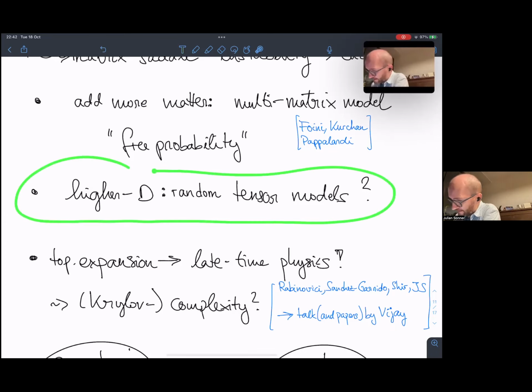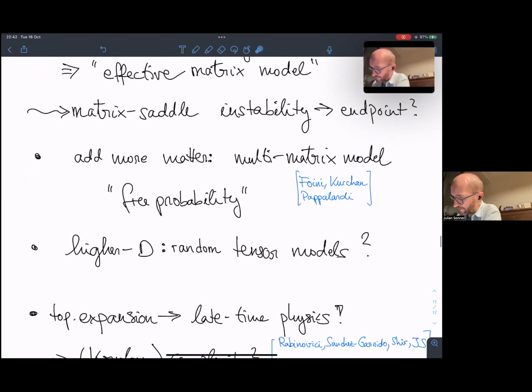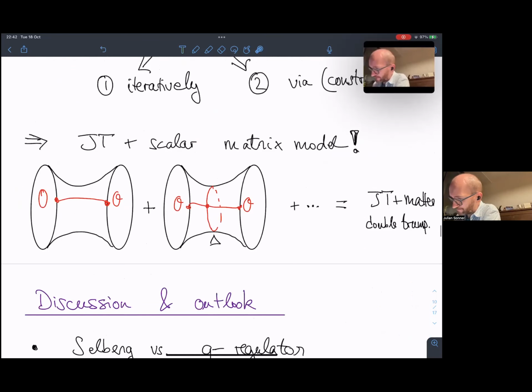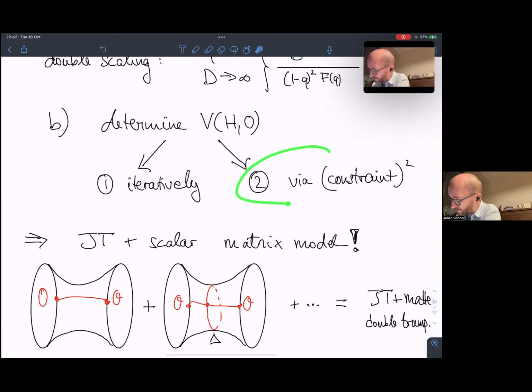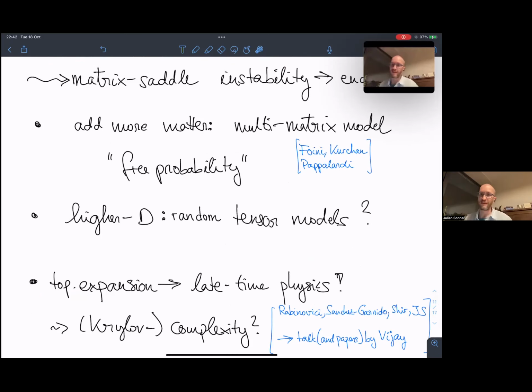So I think that the most promising approach would be, in fact, to generalize this constraint construction. For example, let's say that a natural target would be to write down an ETH type matrix model for 2D CFTs.